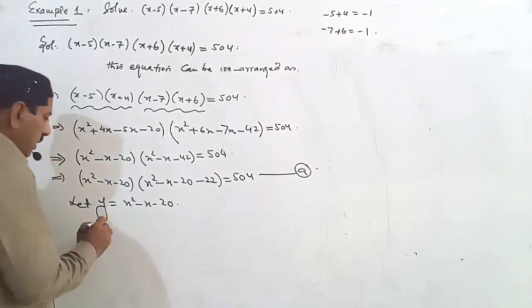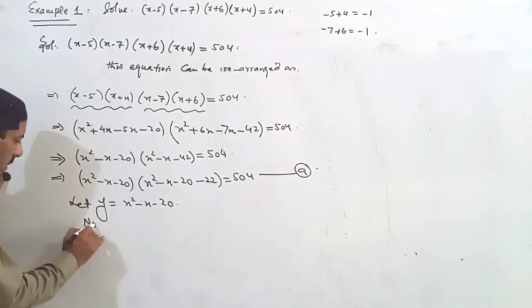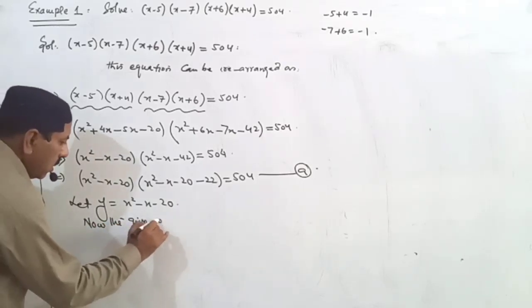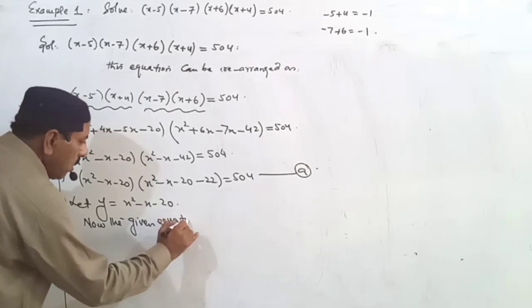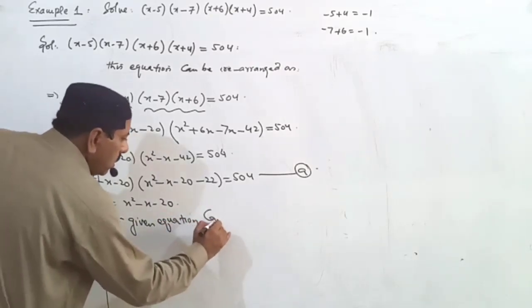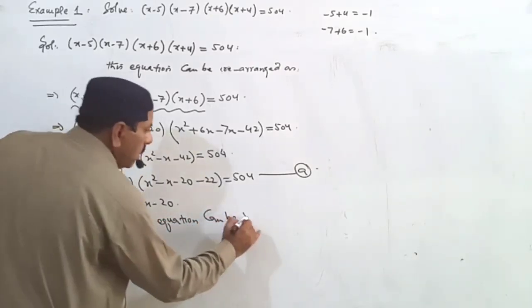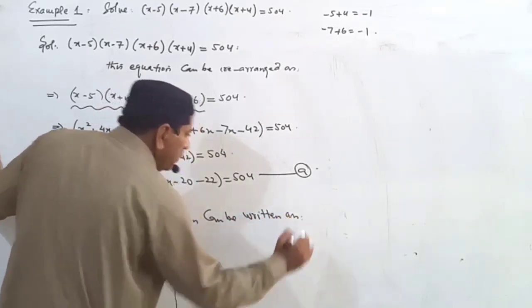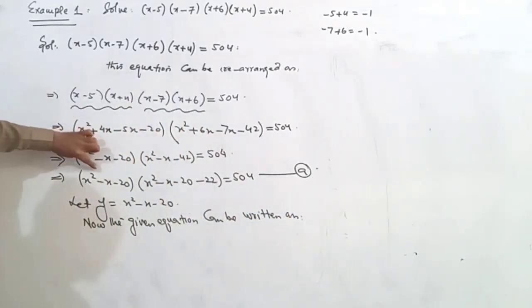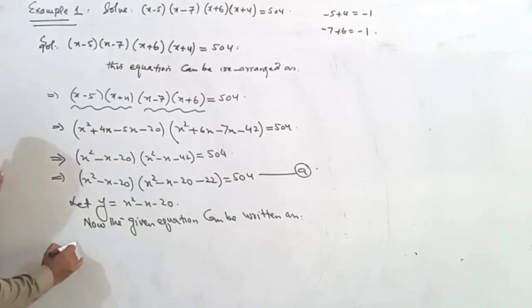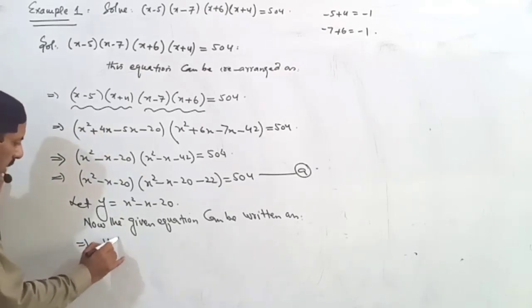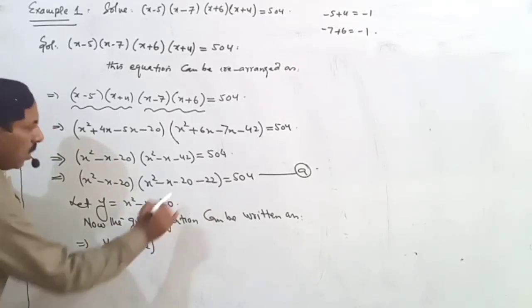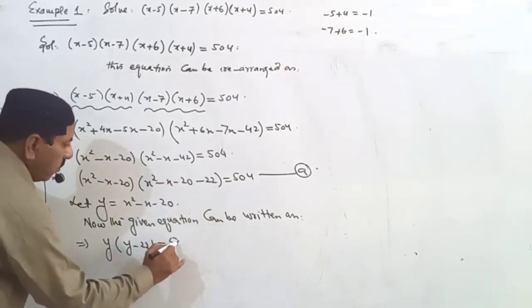Now, the given equation can be written, with x square minus x minus 20 equal to y, as y into y minus 22 is equal to 504.